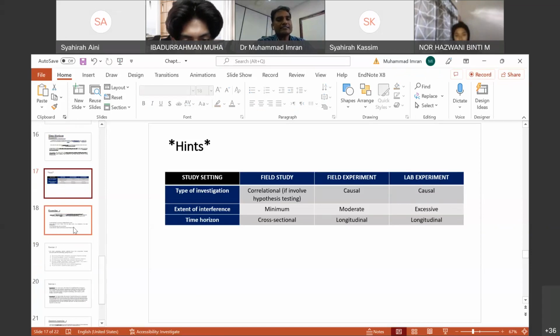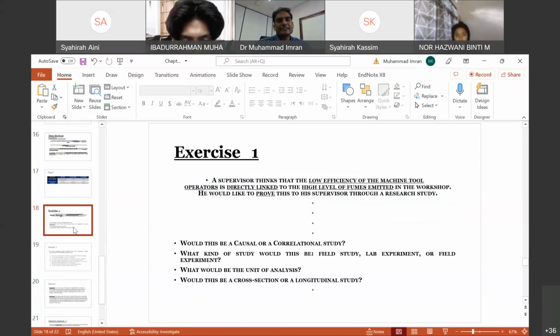Okay, time for exercise. One exercise is this one. A supervisor thinks that the low efficiency of the machine tool operation is directly linked to the high level of fumes emitted in the workshops. How would he prove this to his supervisor through a research study? How would he prove it about the fumes?